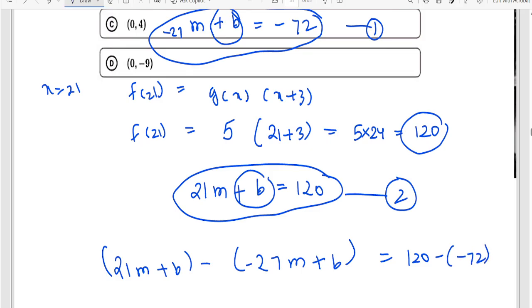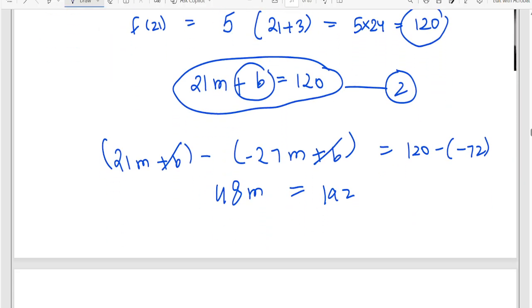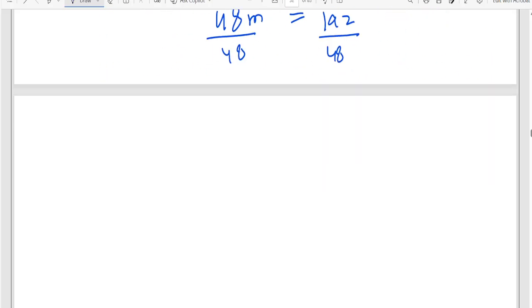So plus b and minus b cancel out. 21 plus 27 will become 48m. On this side they will also add up, 192. Now I divide both sides by 48 to find m, and m will become 4. 192 divided by 48 is 4.